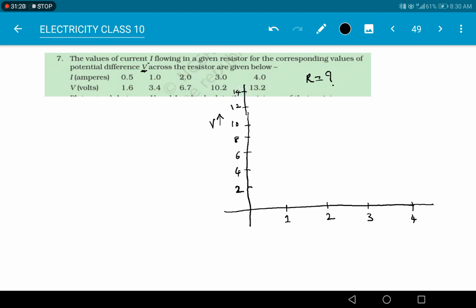Now let us plot the graph. Current is 0.5 when voltage is 1.6, so nearly here. Next, voltage is 3.4 and current is 1. Next, current is 2, voltage is 6.7.